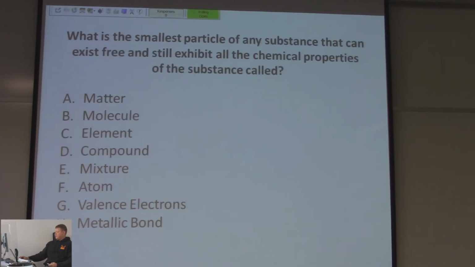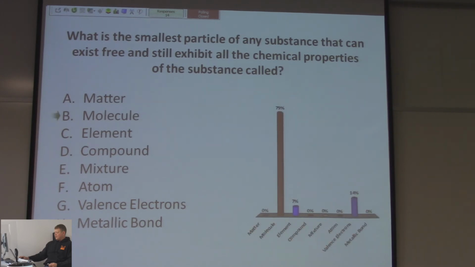What is the smallest particle of any substance that can exist free and still exhibit all the chemical properties of that substance called? No, I'm not going to read them. Yeah, well, why not? Matter, molecule, element, compound, mixture, atom, valence, electron, metallic bond. 79% correct. Molecule.